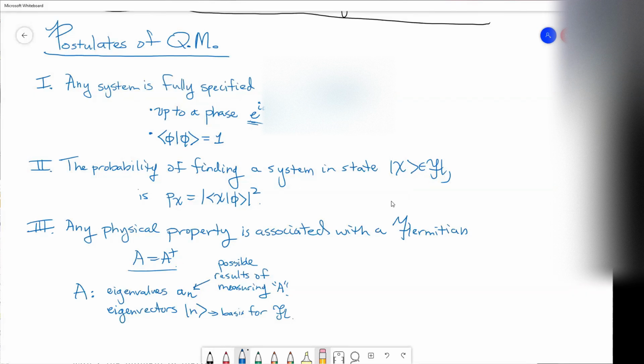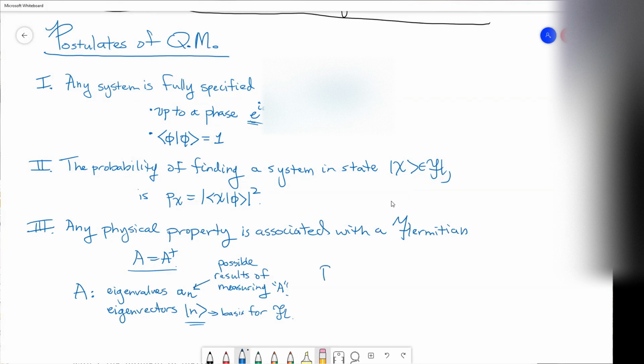Now, of course, it could happen that your system's already in one of these eigenstates, right? And if it's in one of these eigenstates, then you will always measure the corresponding eigenvalue for that property. So then you can have a sort of idea of a definite property of the system. But in general, for any given state, that's not going to be true.